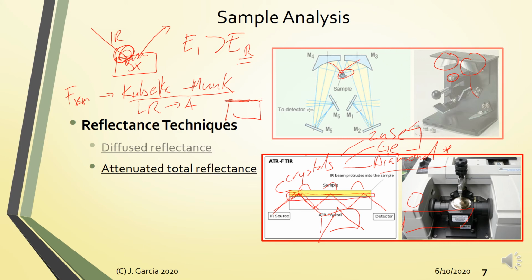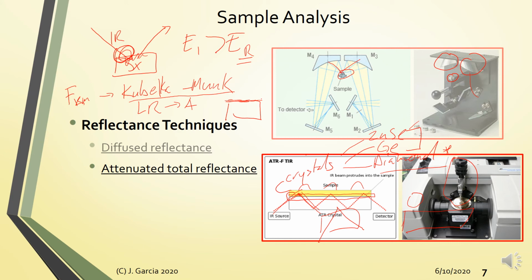This is the reason why you need this pressure head here. You need to apply some degree of pressure onto your solid sample so that the sample is well in contact with the crystal. Lapat na lapat dapat yung solid sample dun sa crystal.